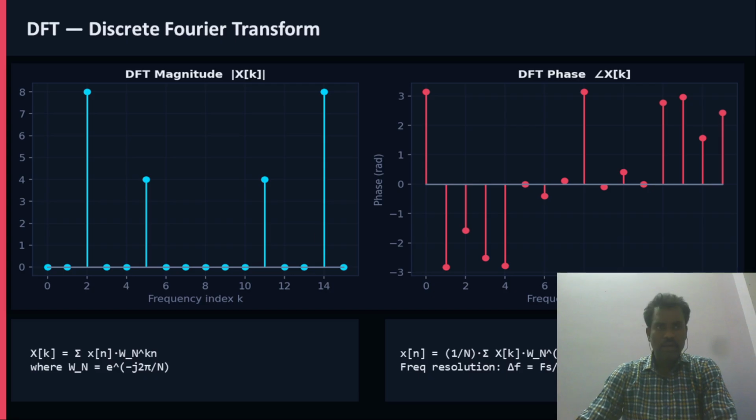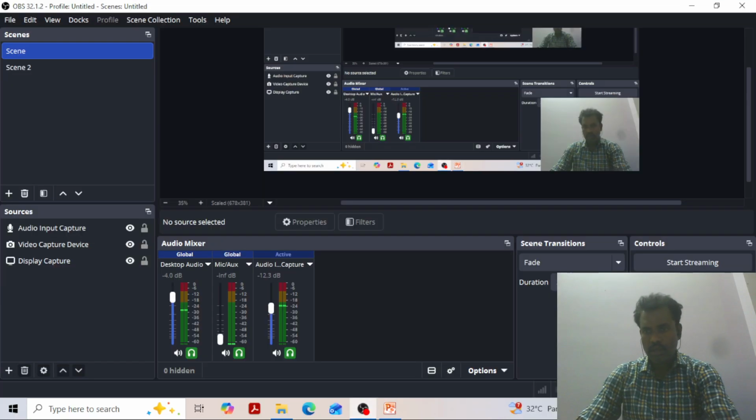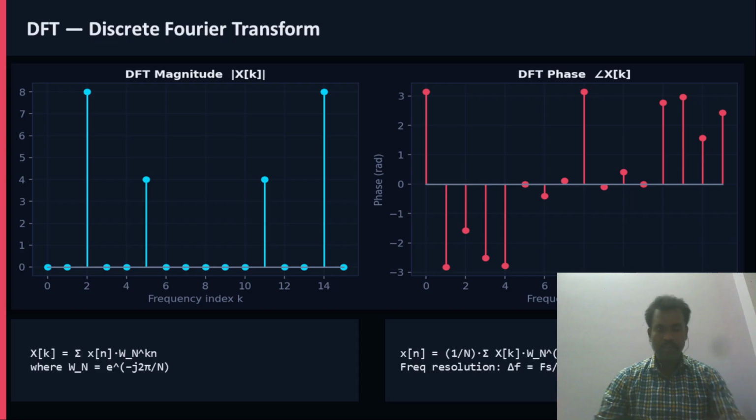So the discrete Fourier transform is applicable for both. Hence, the discrete Fourier transform is applicable for any periodic signal or aperiodic signal. Even if it is aperiodic, by doing discrete Fourier transform, it will become periodic. Right? So here also there is a chance of aliasing.